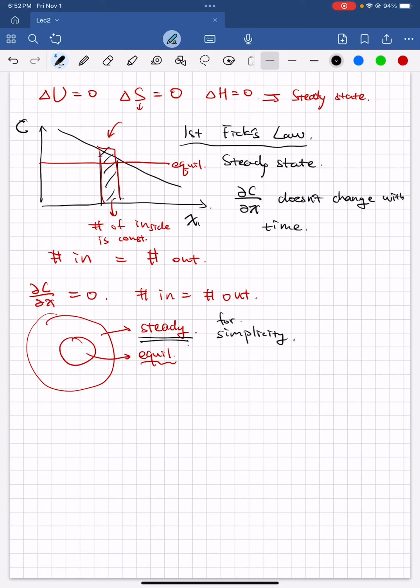In general cases, it's not steady state or equilibrium, but we are going to assume it is steady in order to study the concept first. Okay? So let's think about an example to better understand what steady state is.